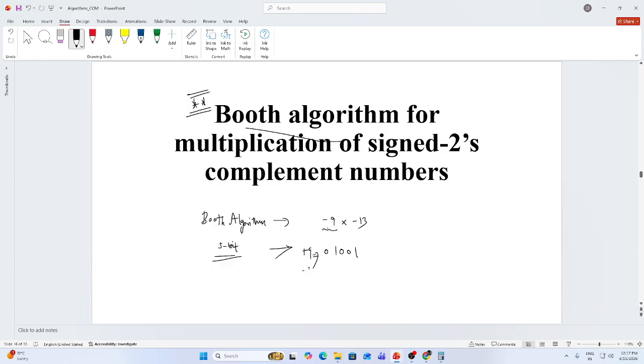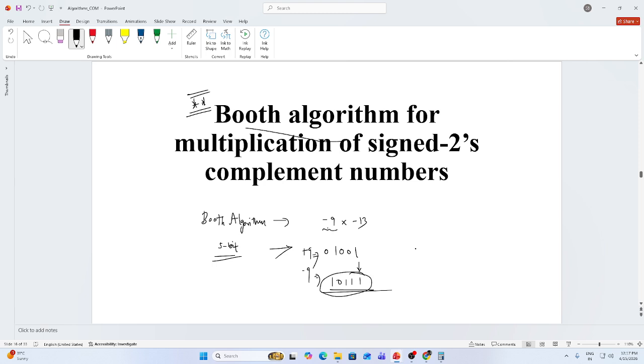To represent minus 9, you need to take the 2's complement of it. Just write the first 1 here, then take the 1's complement. So 1 0 1 1 1 is the representation of minus 9 in 2's complement form.